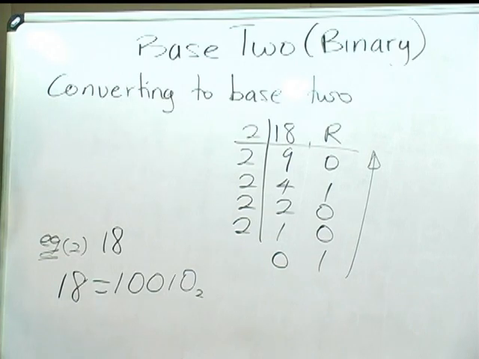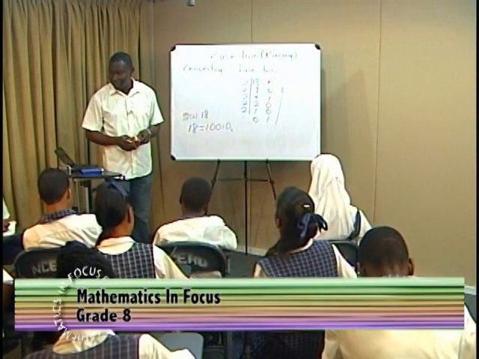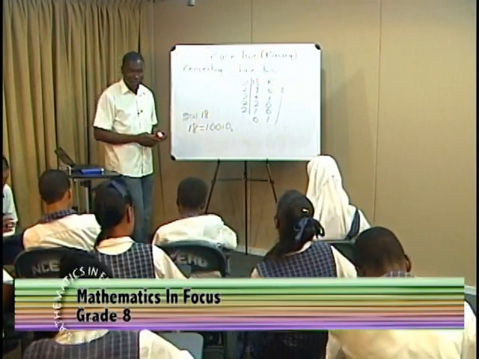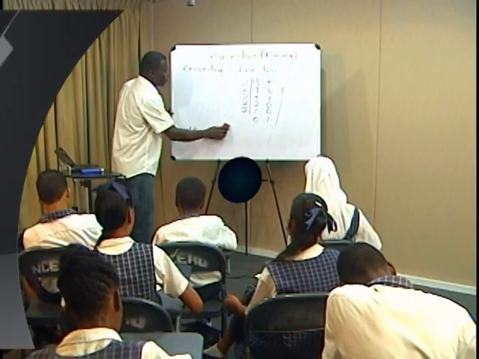Let us consider one last example. We're going to look at the number 29. How do we convert 29 to base 2?